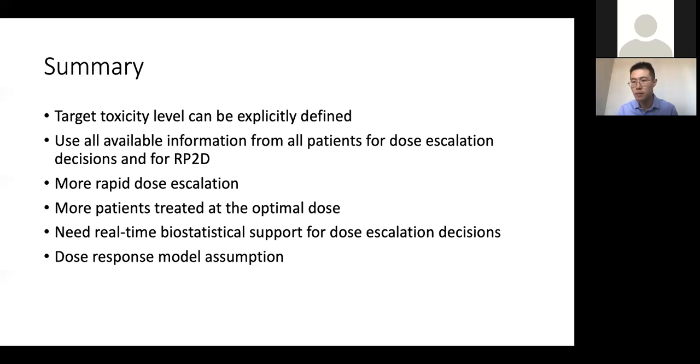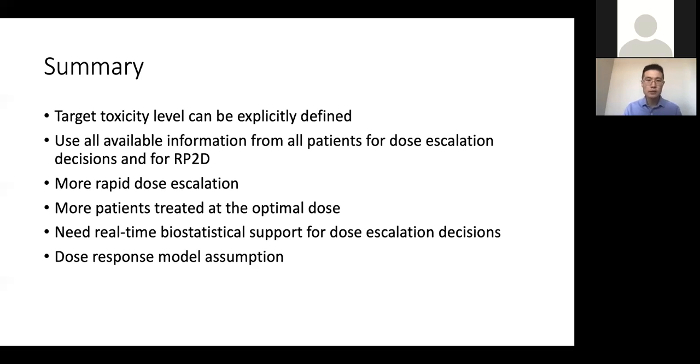So even with misspecification, it can still perform well in terms of finding the MTD and the correct RP2D. And also the operating characteristics are still superior compared to the 3+3 design.